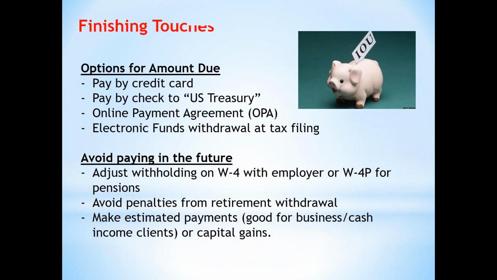So there are some finishing touches and some things to know. If there's an amount due, there are a few different options that the taxpayer has. They can either pay with a credit card, they can have a form printed out, mail that in and mail a check to Treasury, they can pay online, or they can have the funds automatically withdrawn from their bank account.